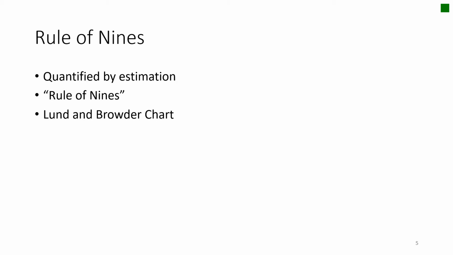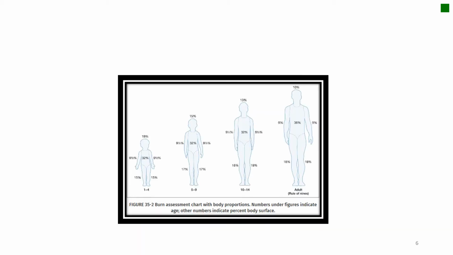The Lund-Browder chart provides a more specific way to quantify, and there is a figure in your text that demonstrates this method, and it is probably more accurate in determining the amount of area that is burnt. This is the chart that shows you the rule of nines, and yes, you will probably be asked a question on your exam related to this.